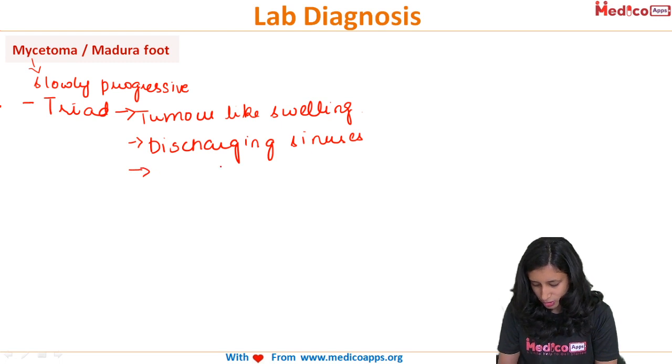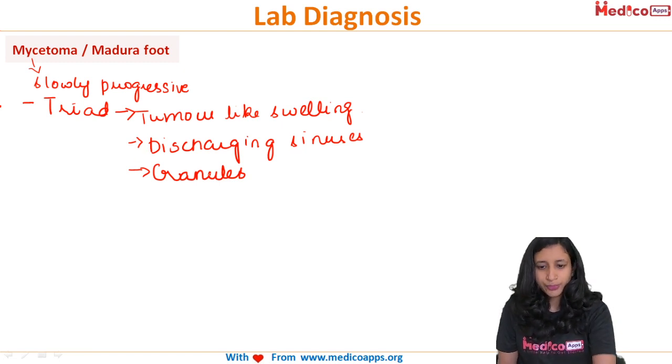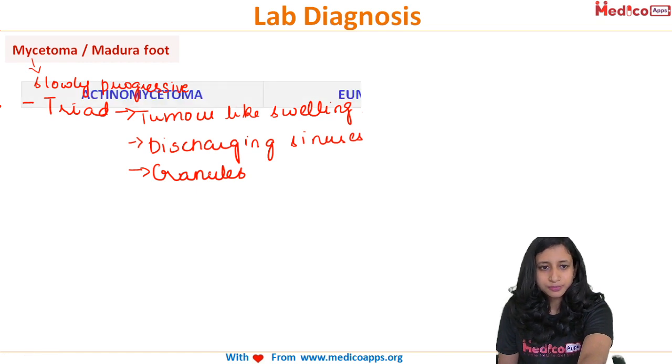And third happens to be the discharge of what is known as granules. So you have to remember that granules are being discharged from this particular site. So you will have tumor-like swelling, discharging sinuses, and granules which are discharged from these sinuses. So mycetoma is nothing but a triad of these three symptoms.